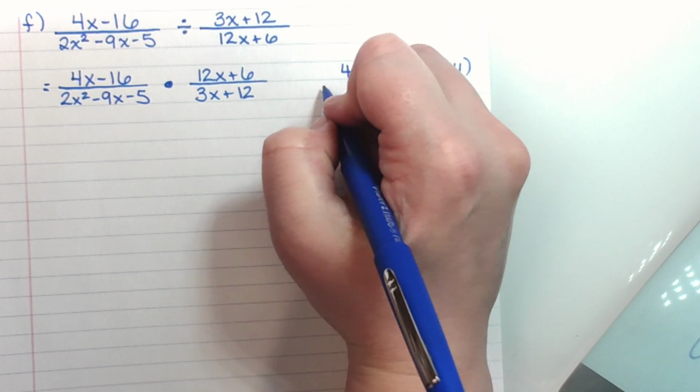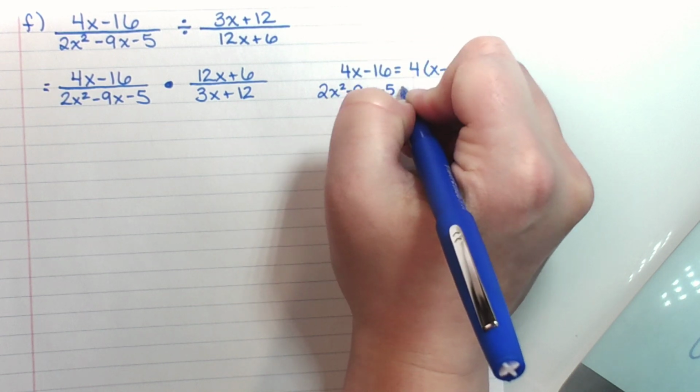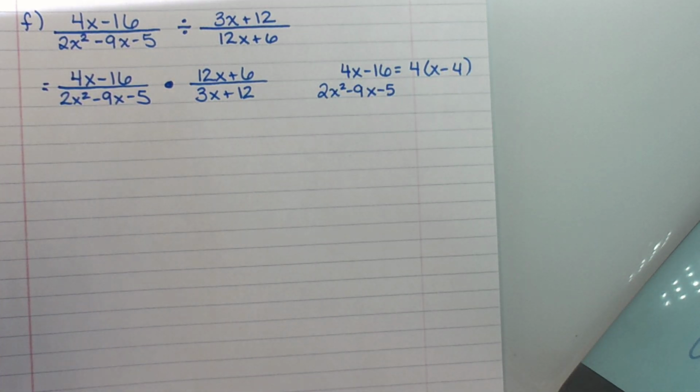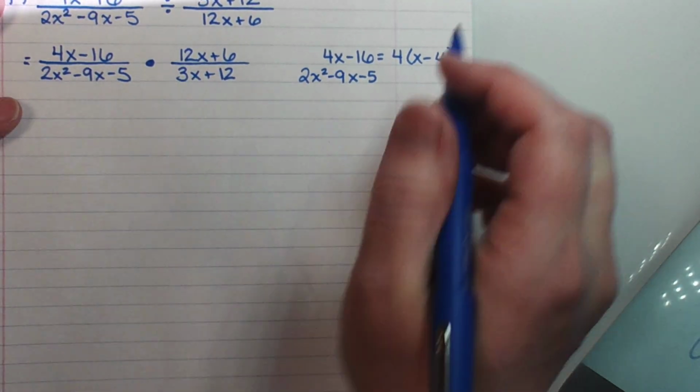Okay, I also need to factor 2x squared minus 9x minus 5. Grace, how am I factoring that one? Full AC method. There's no way around that because GCF's 1 and there's a coefficient that's not 1.